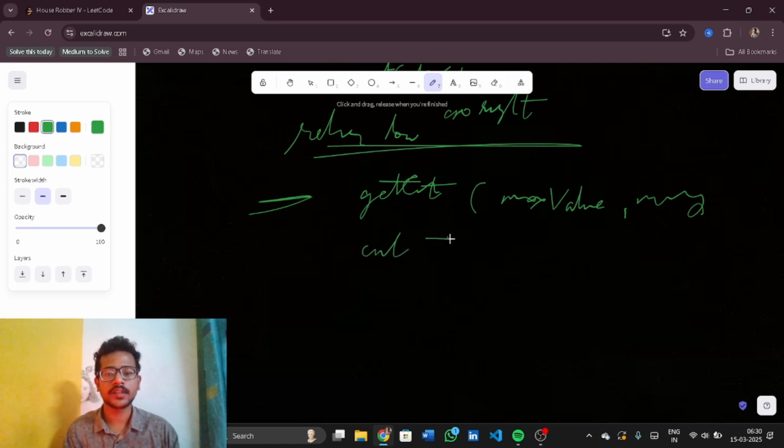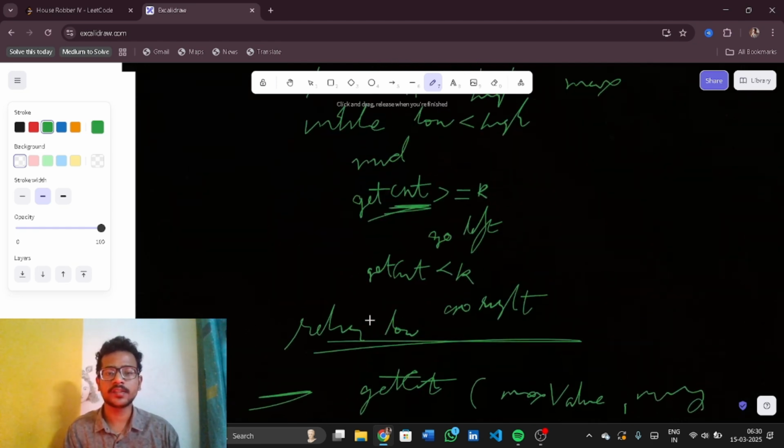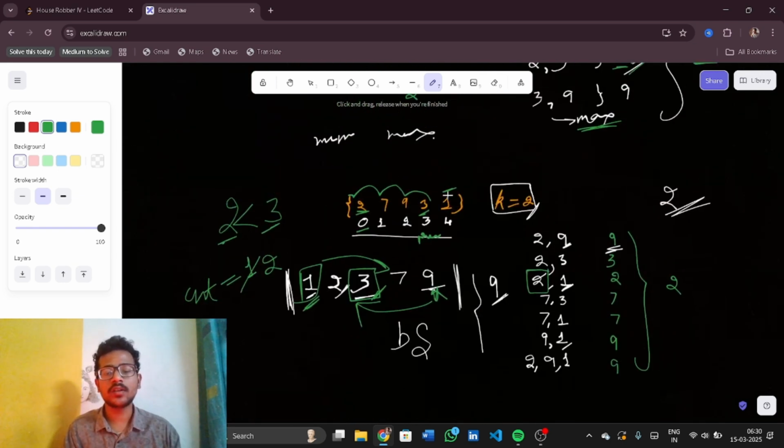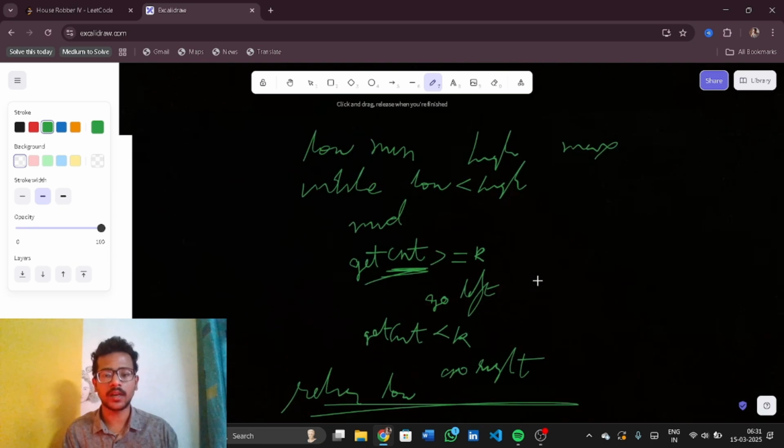Initially the count is set to 0 and the previous value is set to something like -2. Here I don't get the previous at the 0th index itself. Here I got the previous after 3 indices. That means I need to search for the previous index where the difference between the current and the previous is greater than 1, and also the current house value is lesser than the maximum value.